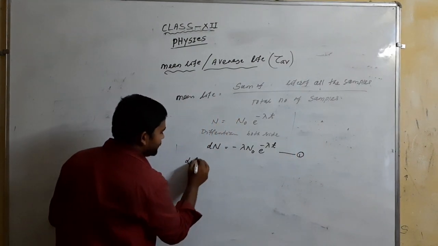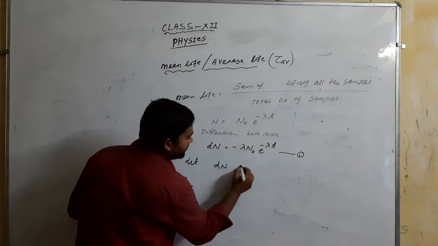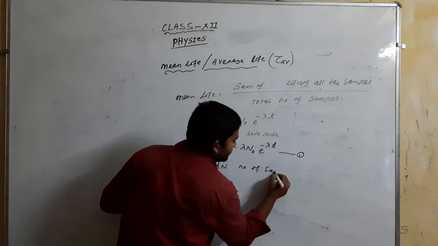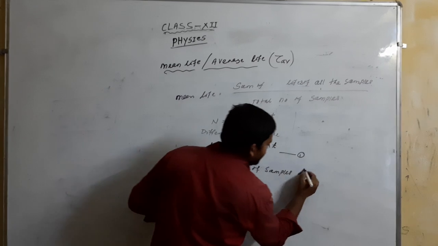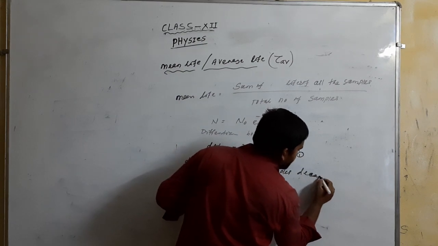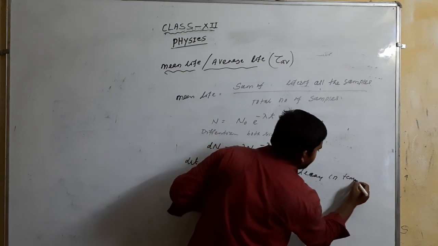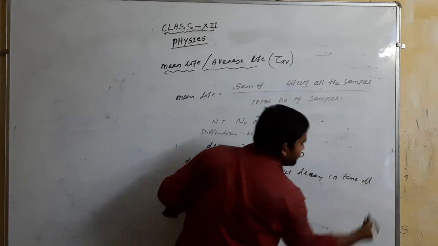Let dN be the number of samples that decay in time dt.